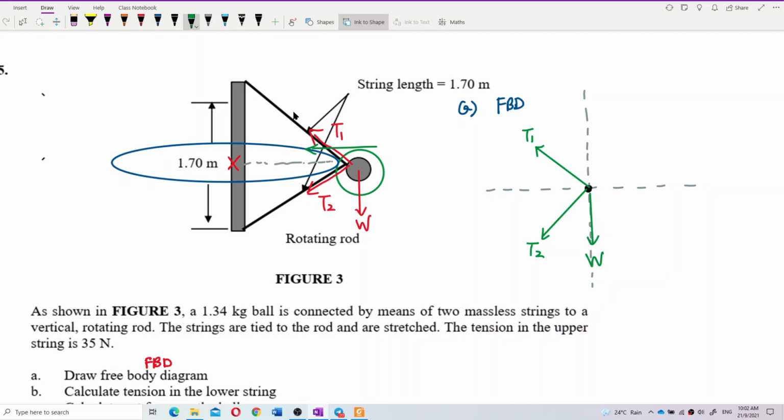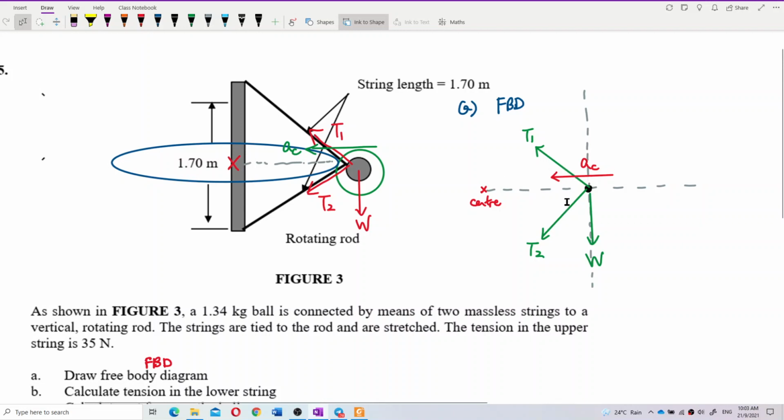Let's draw our centripetal acceleration because our center is on this side. This is our a_c, towards the center of circle. Understand?